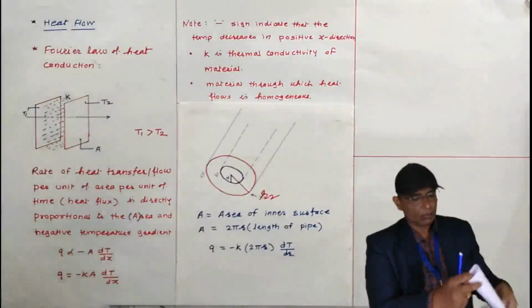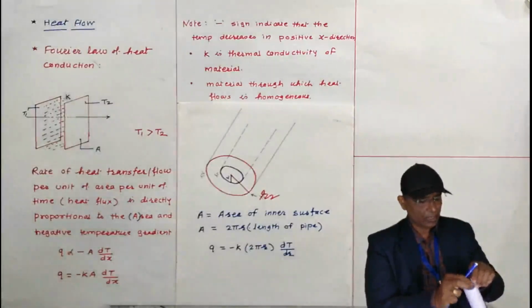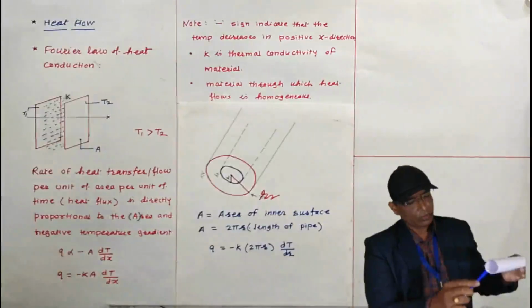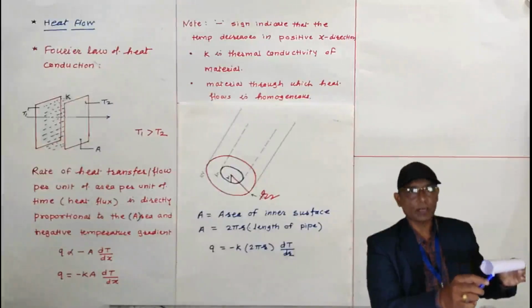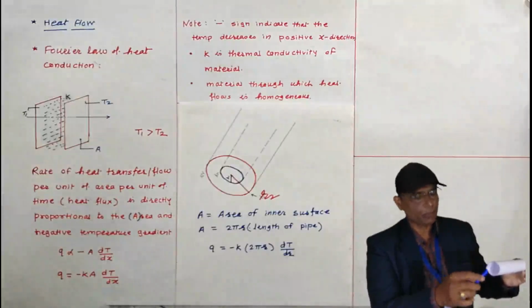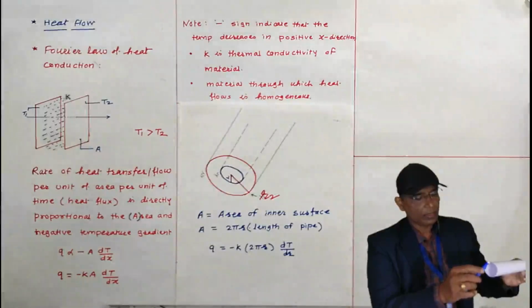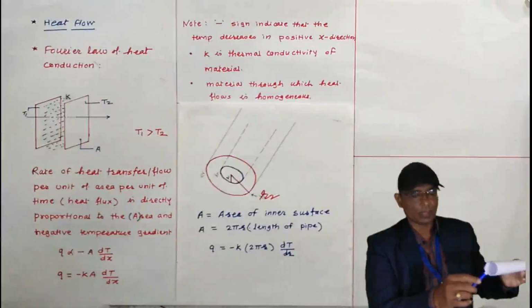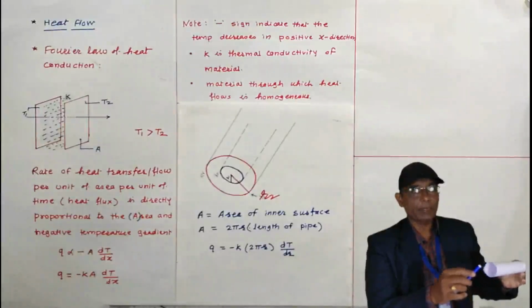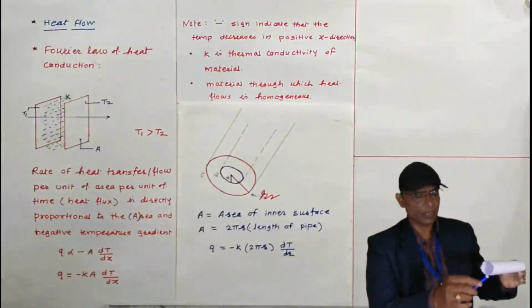Okay, so now I am going to show you how it is. See, R is the radius of this circle, because the inner radius is R. Is it? The radius of the pipe, you can say. And 2 pi R, this ring, is the perimeter of this circle, where R is the radius of this circle.